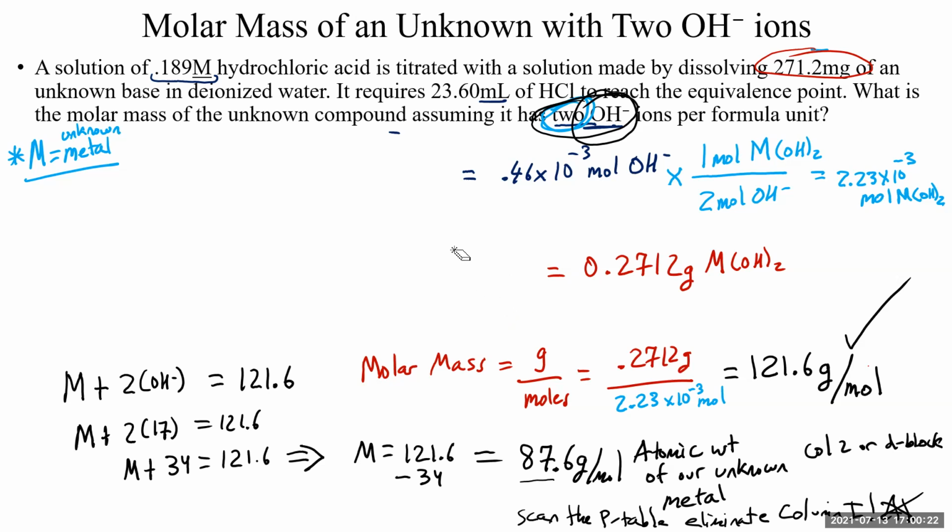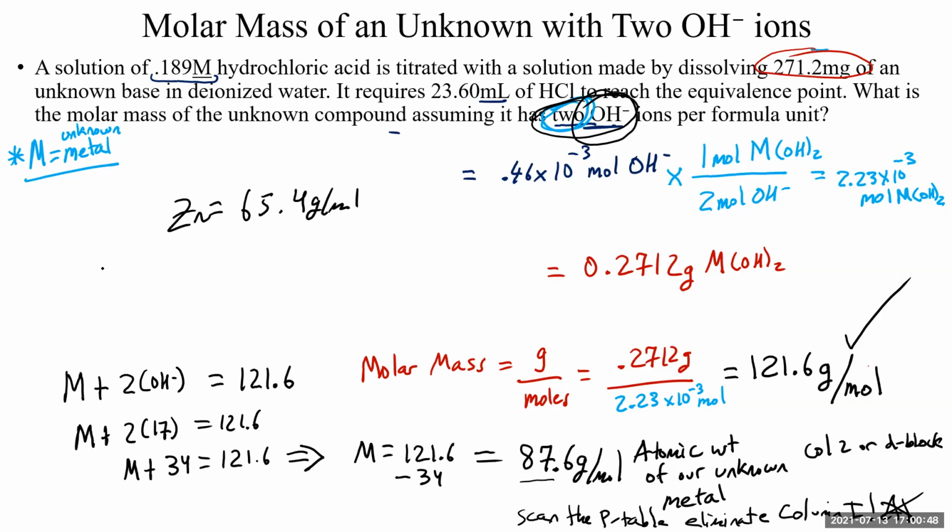It's heavier than most of the first row transition metals, so I'm guessing this is going to be on row 5 or 6. Our heaviest first row D block element, zinc, is only 65.4 grams per mole. So it's definitely not the first row of the D block.